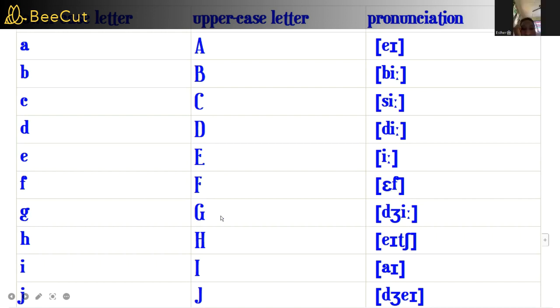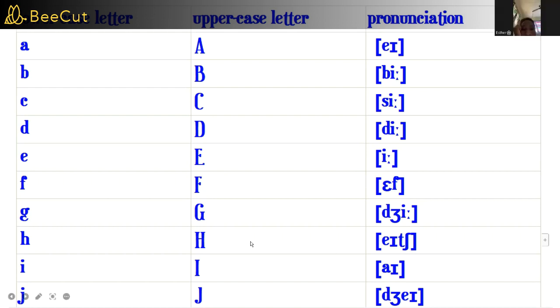Then for G, when you see G in words, it actually sounds as in good, but the pronunciation of the alphabet itself is G. Then for H, we have H, that CH sound.